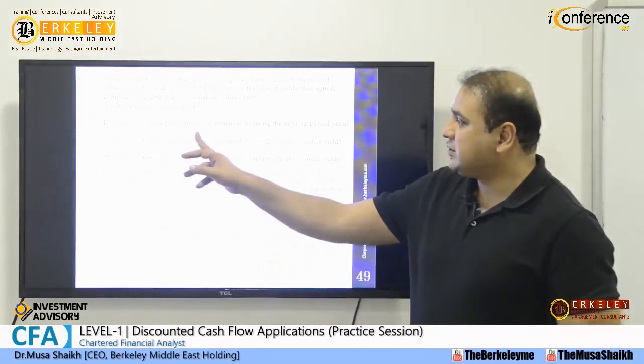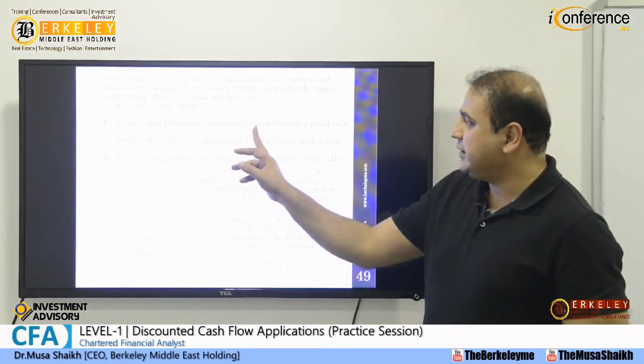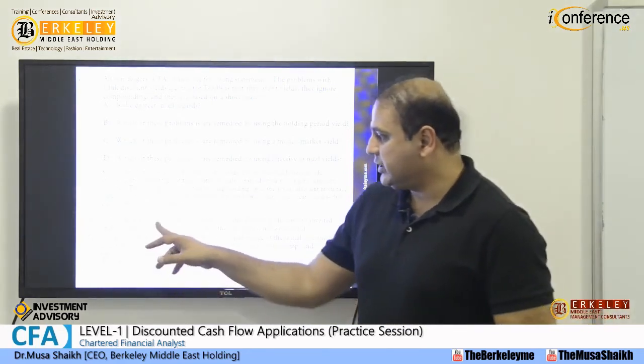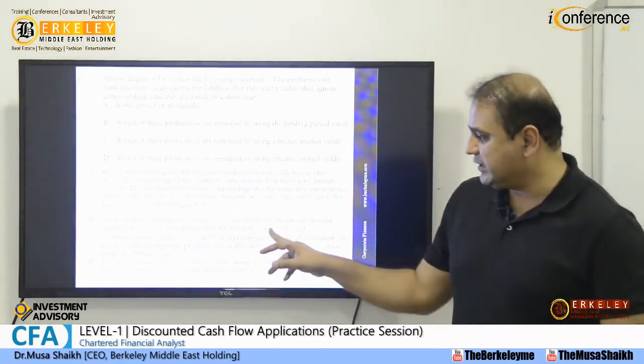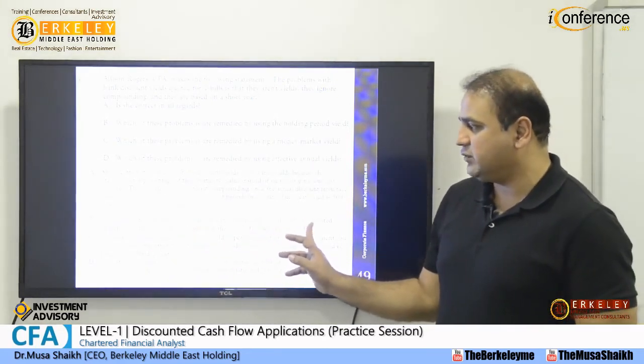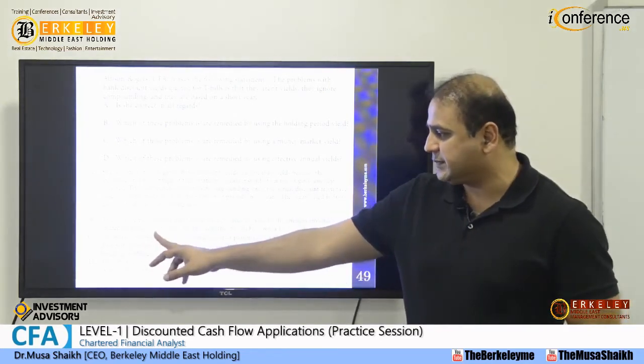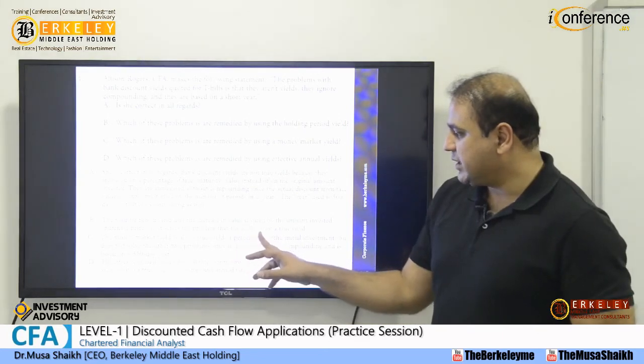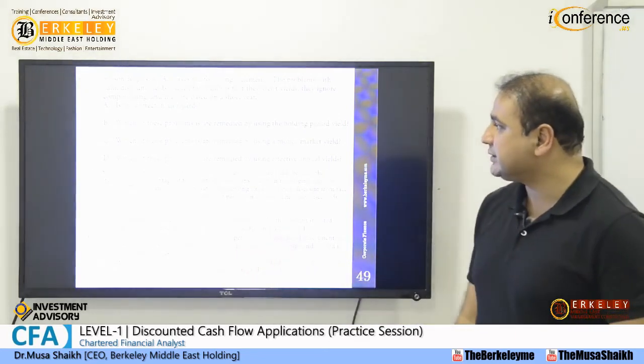B option is which of these problems are remedied by using the holding period yield. So he says the holding period yield uses the increase in the value divided by the amount invested, the purchase price. So it solved the problem that the BDY is not a true yield.